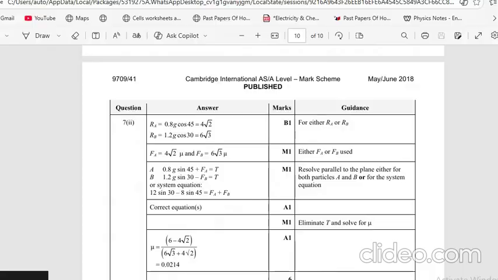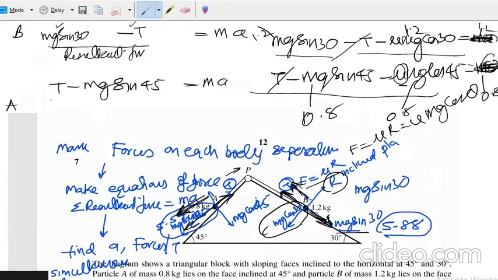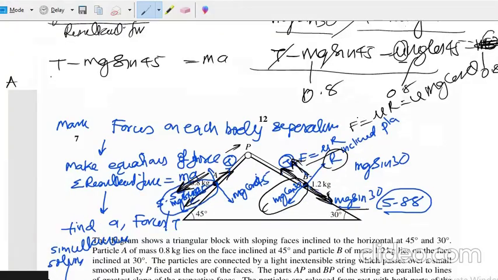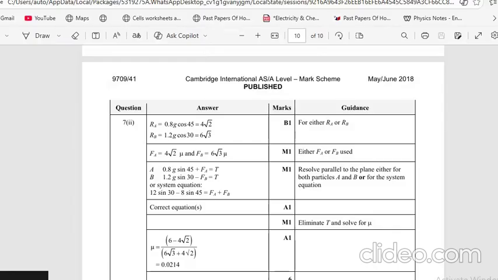My equation comes out to be, he's saying, T is equal to mg sine 45 plus mu mg cos 45. So he's saying T is this plus FA, where FA is the friction.